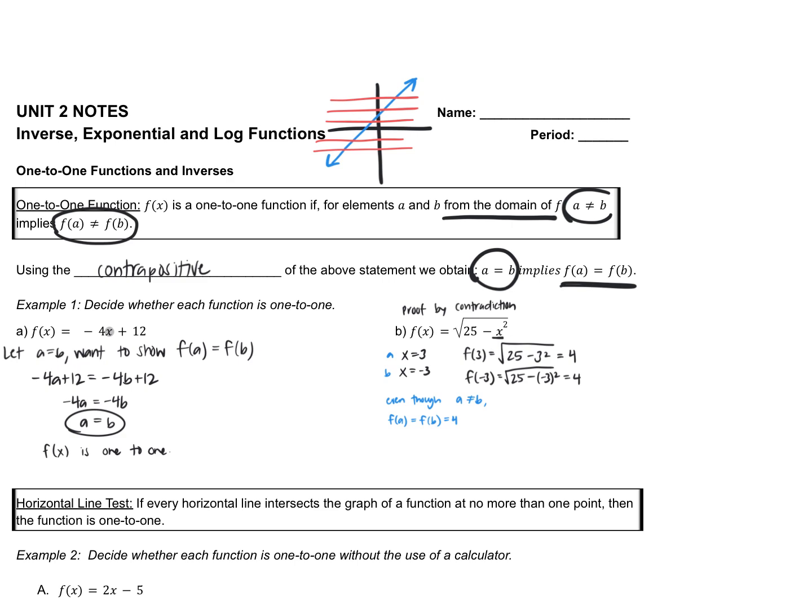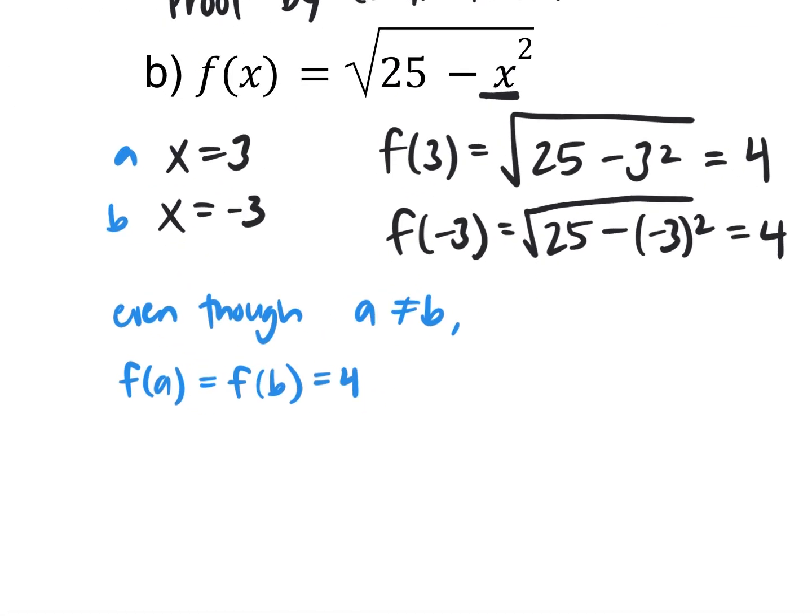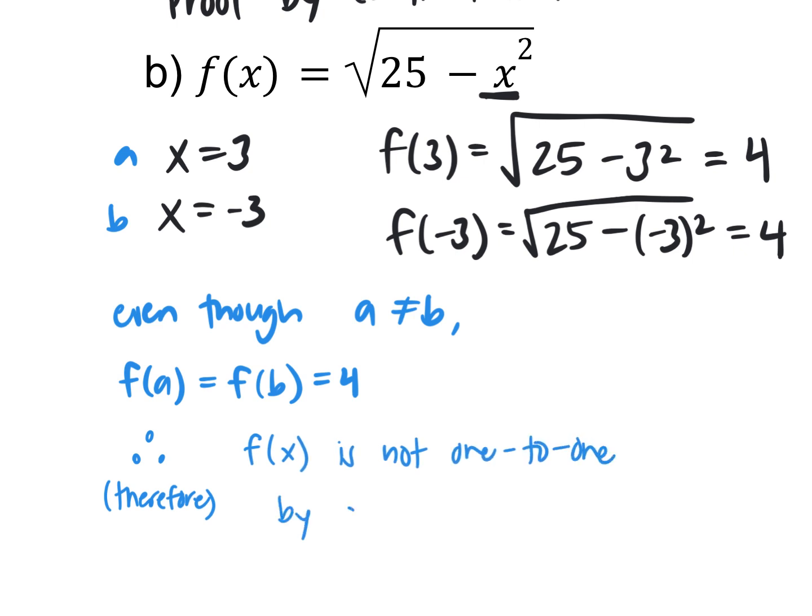But we just showed that they are equal to each other. So therefore, those three dots mean therefore in math, it's a notation, f of x is not one-to-one by the definition.